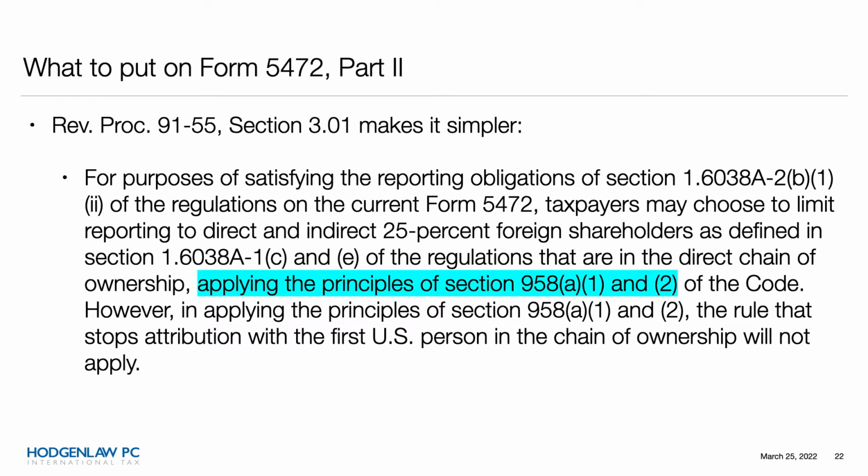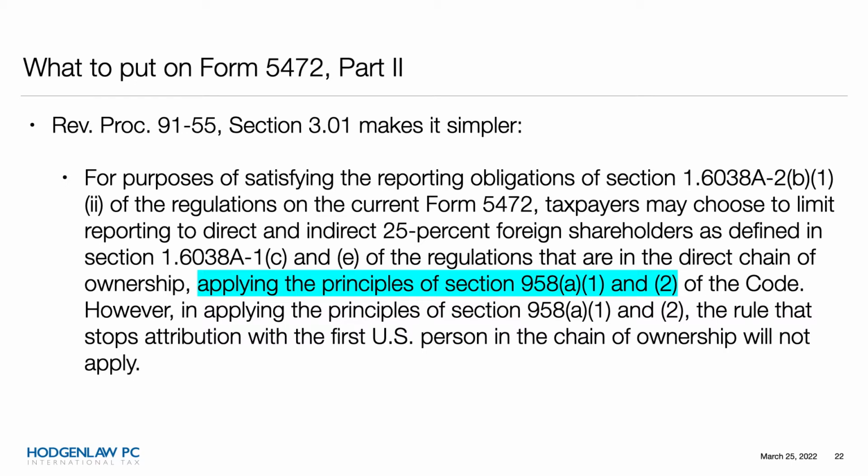Fortunately, for our compliance purposes here on Form 5472, this Rev. Proc. 91-55 says don't worry about the 318 rules. Just apply the indirect ownership rules out of the CFC code sections, specifically Section 958(a)(1), which is direct ownership, and 958(a)(2), which is indirect ownership.